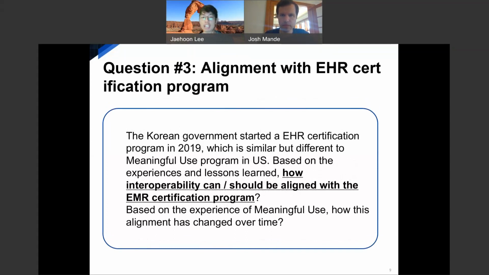So this agency, KHIS, started a Korean version of a meaningful use program just 2 years ago, which is similar to meaningful use in the US, but a bit different because at the time we started this project, unlike in the US, most Korean hospitals already had EMR systems.